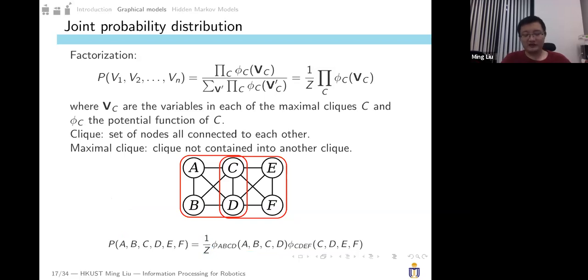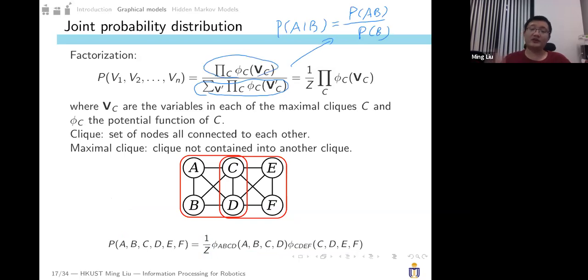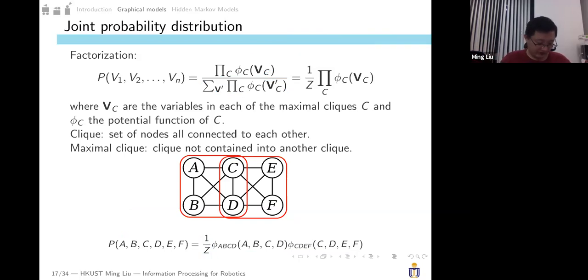It's like when we want to compute P of A given B, then you have P of AB over P of B, right? Similarly in these cases, you see here is a marginalization, and here is a joint distribution. So usually you don't care about this Z much. This is the normalizer.